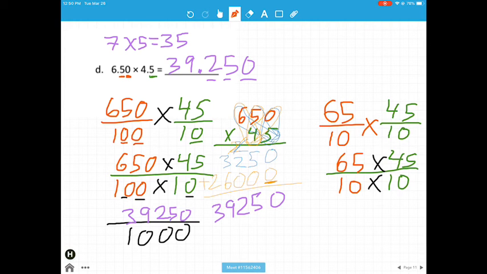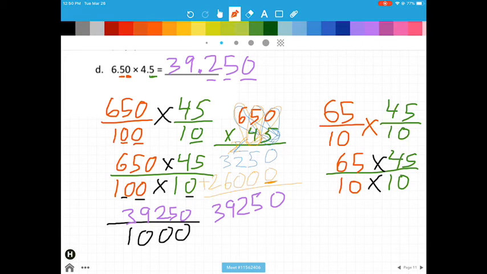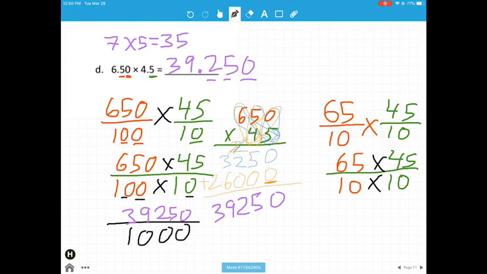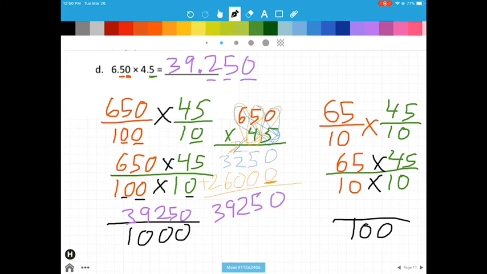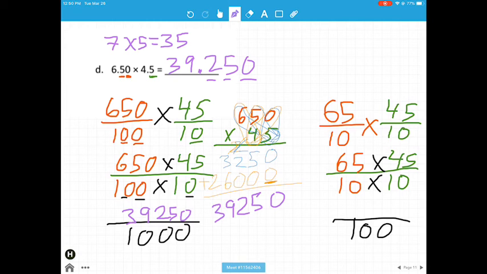We can use the same number as before, but here our denominator is going to be hundredths, and we're going to take away a 0. That's all we're doing. Okay, is it the same answer?